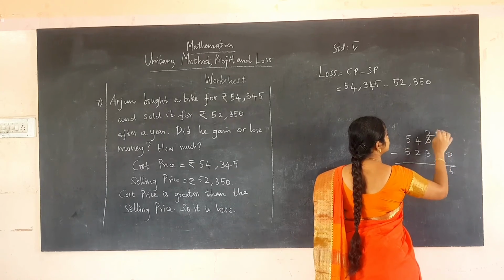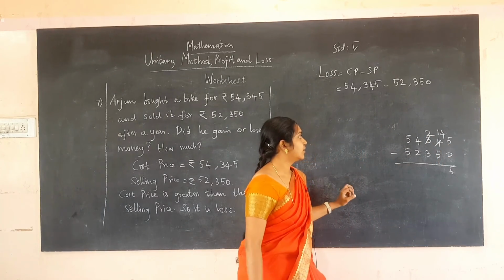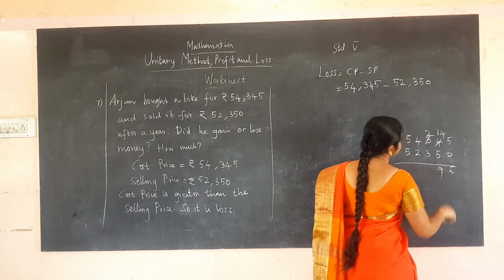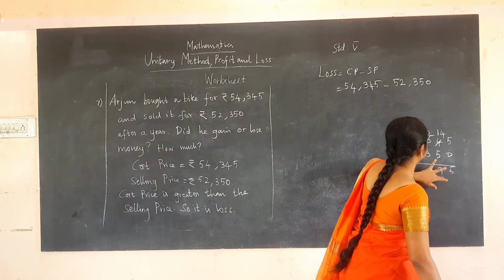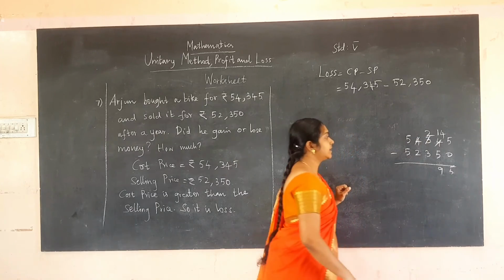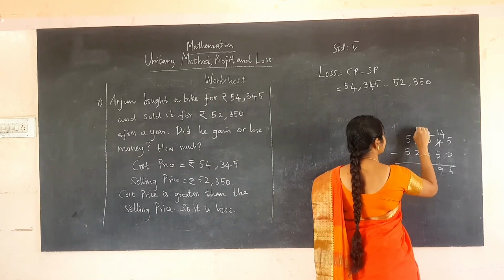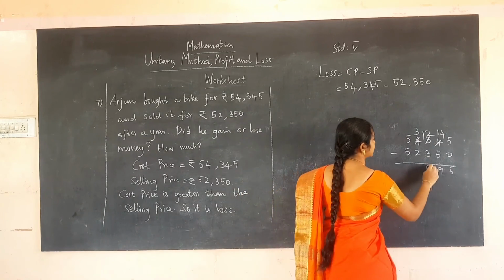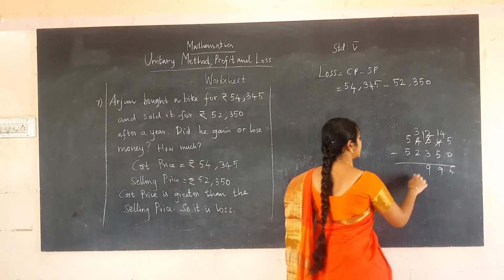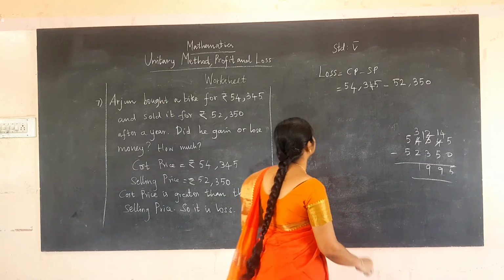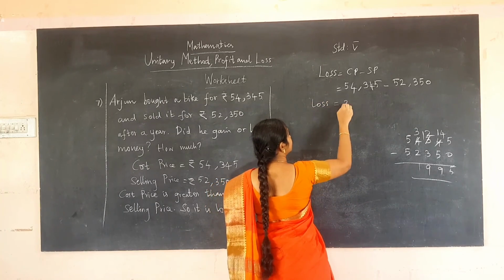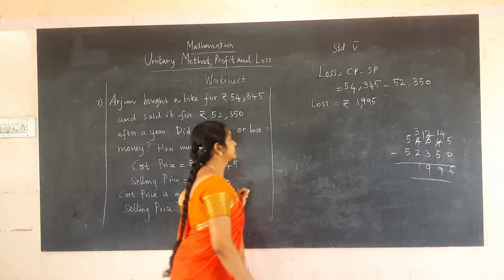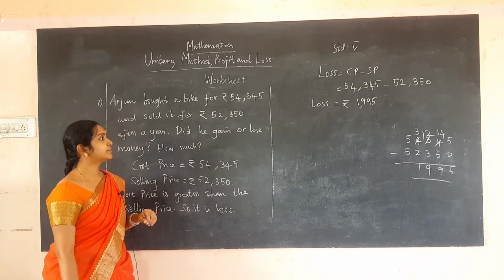So 3 will become 2 and 4 will become 14. 14 minus 5 is 9. Again borrow, so 4 will become 3, 2 will become 12. 12 minus 3 is 9, 3 minus 2 is 1, 5 minus 5 is 0. So the loss is rupees 1995.